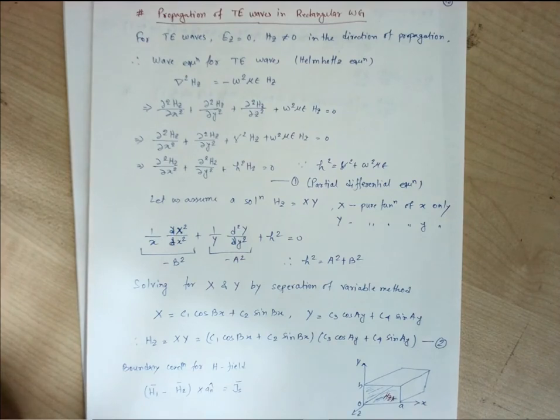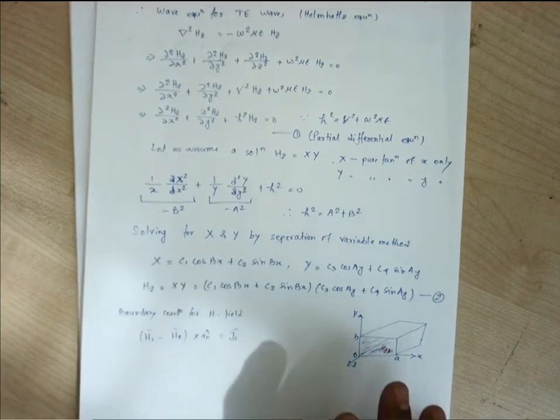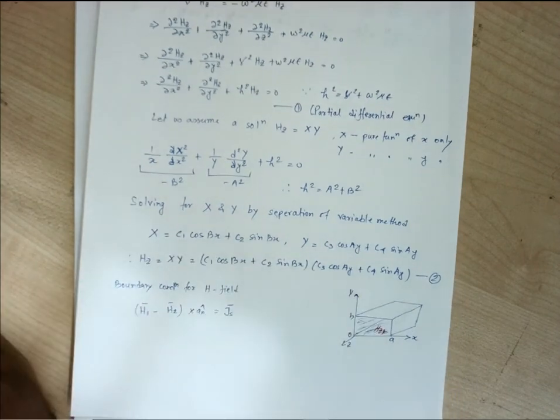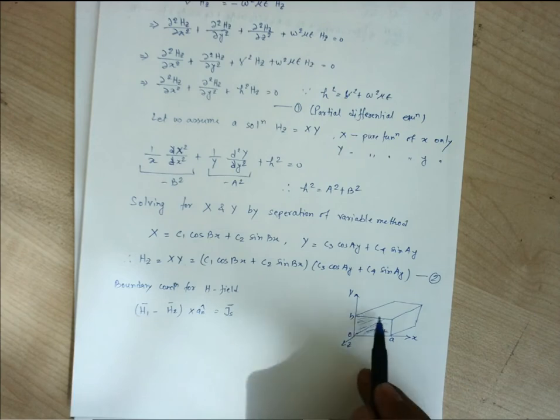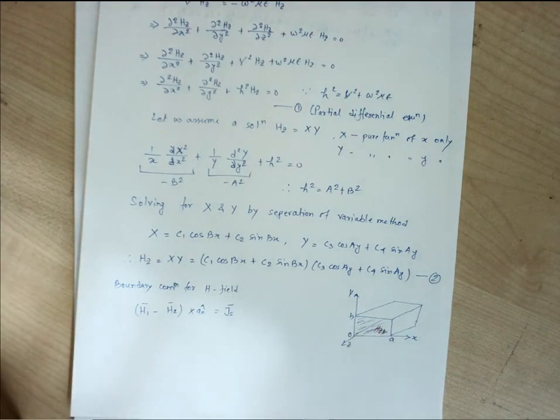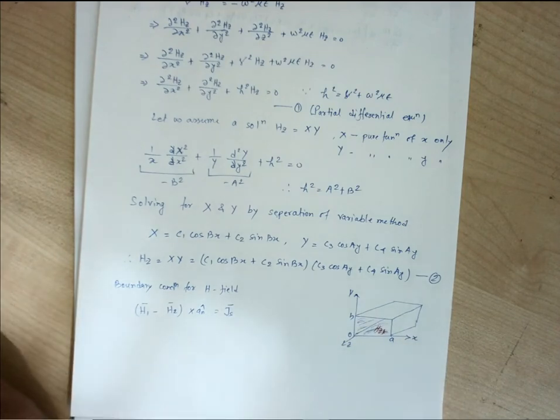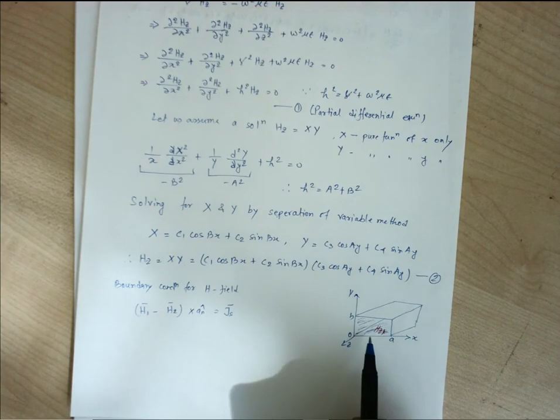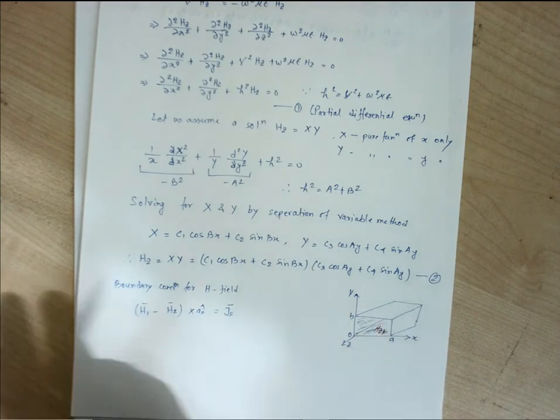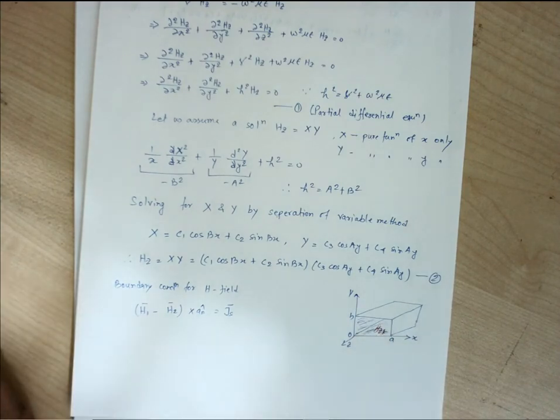So this Ex field component can be tangential on the horizontal walls. Which are the horizontal walls? That is this bottom wall and this top wall, right? Because Ex is in this direction, along the direction of x. So this Ex field component will be tangential on the bottom wall as well as on the top wall.